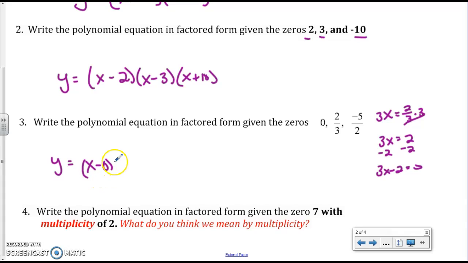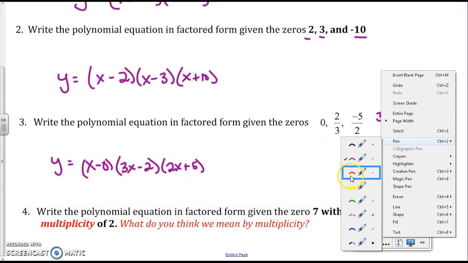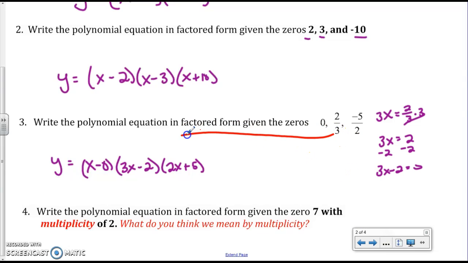But whenever I have a fraction in factored form, the denominator goes with my x, and then I change the sign for the numerator, and that goes second. Okay, so for negative 5 halves, the denominator goes in front of my x, and I change the sign for the numerator. Okay, so just pay attention to this here. So 3 goes in front of my x, and 2 goes there.